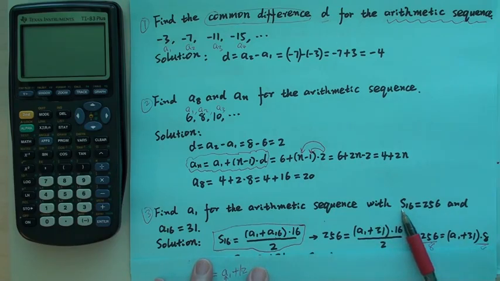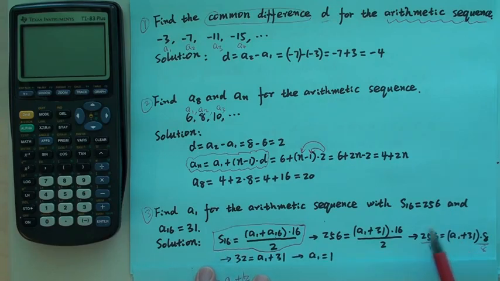We know 16 divided by 2 is 8. So you can rewrite 256 equals a sub 1 plus 31, times 8. Then you divide both sides by 8, and this 8 will cancel that 8. 256 divided by 8 is 32.